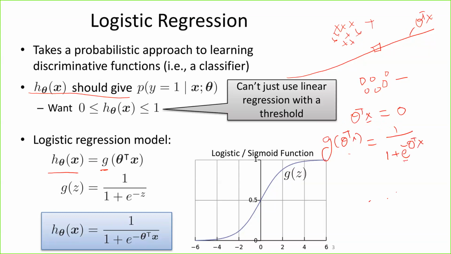What is the value of e? 2.71, which is the base of the natural logarithm, right? 1 by 1 plus 2.71 to the power 0. How much is it? 1 by 1 plus 1, which is 1 by 2. So the probability of y equivalent to 1 is 0.5.